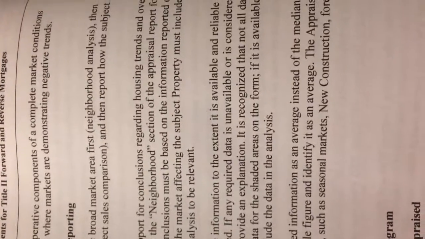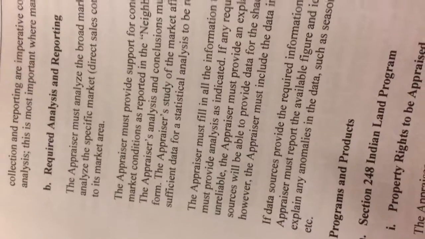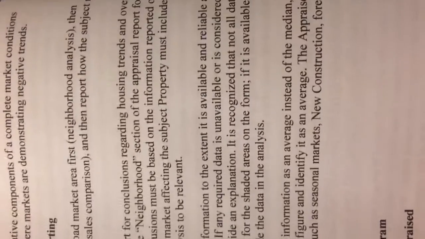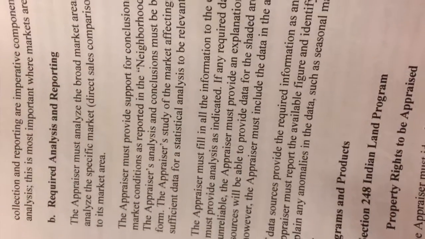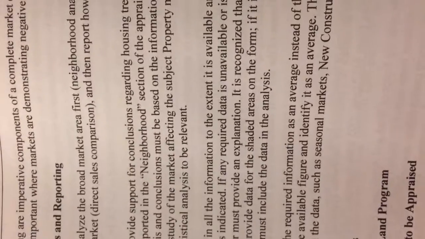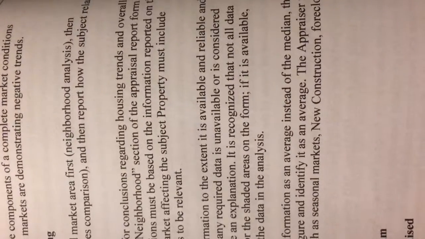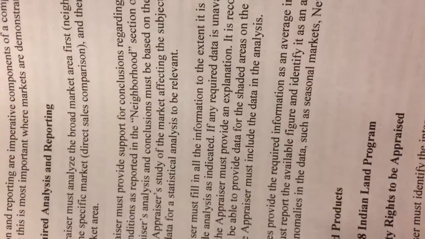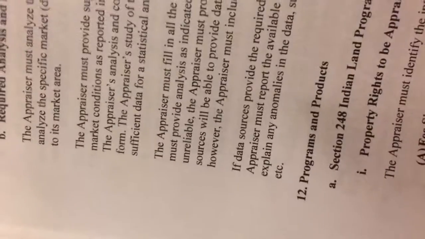If any required data is unavailable or is considered unreliable, the appraiser must provide an explanation. It is recognized that not all data sources will be able to provide data for the shaded areas on the form. If it is available, however, the appraiser must include the data in the analysis.